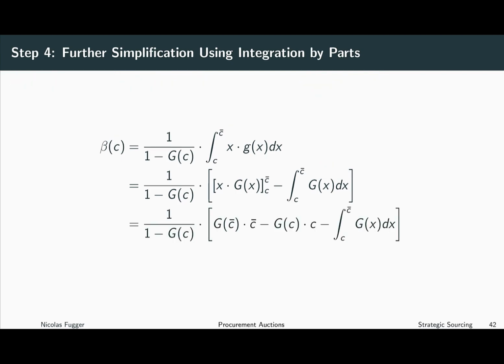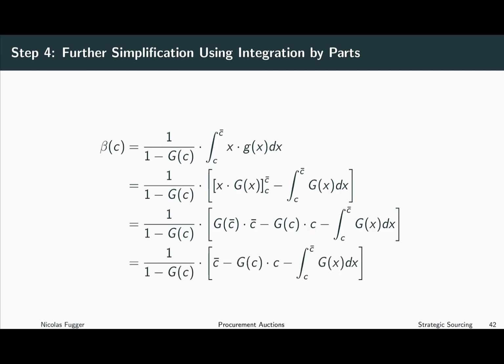In our next step, we want to rewrite this expression. And we do this by first plugging in the upper limit and then the lower limit. If we plug in the upper limit for x, then we get g of c upper bar times c upper bar. And if we plug in the lower limit, namely c, we get g of c times c.